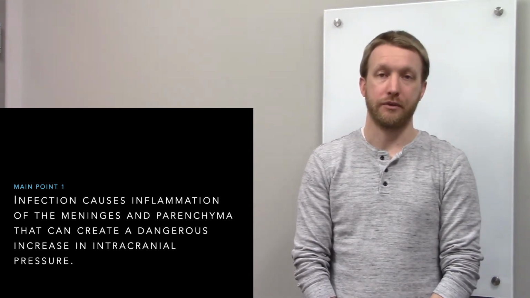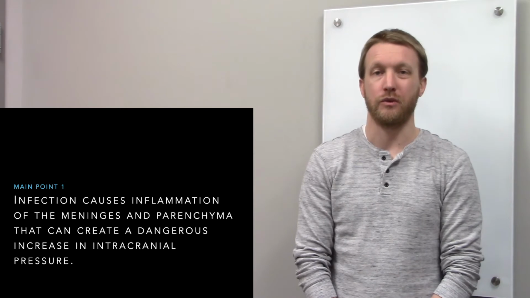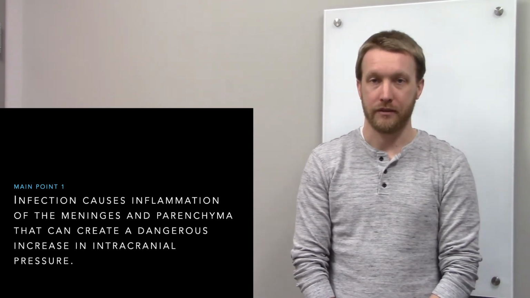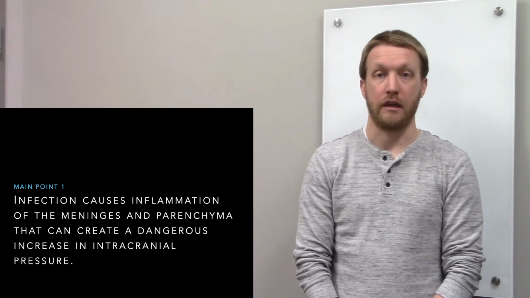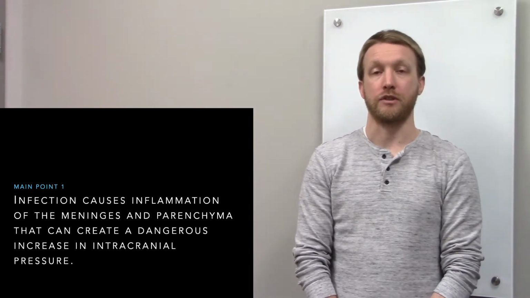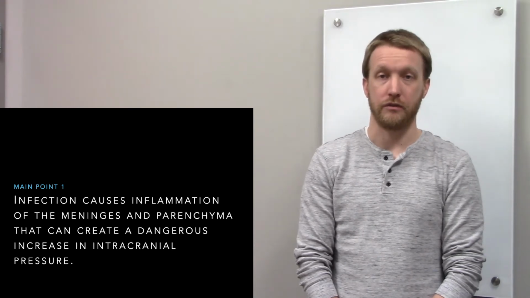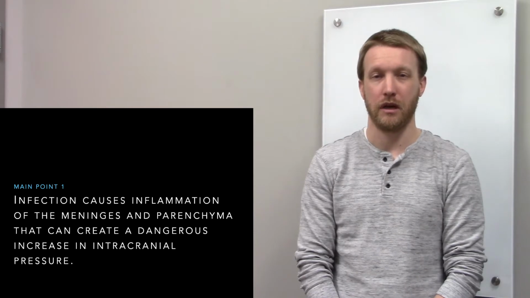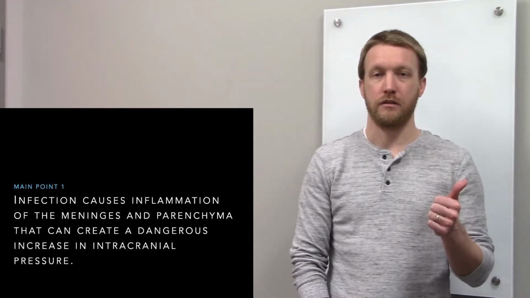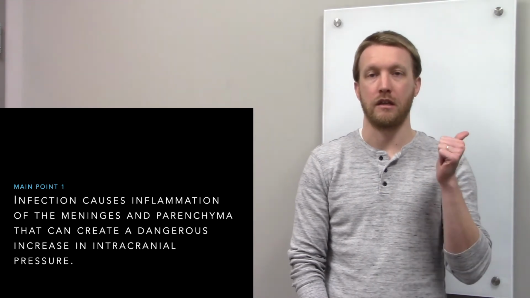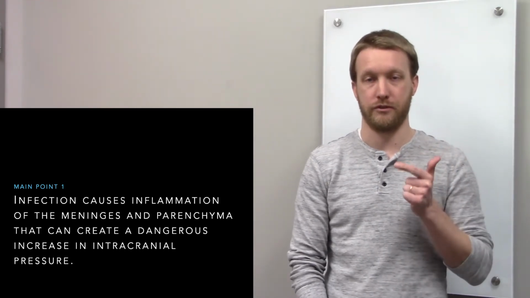If it's a bacterial or fungal infection, we also have to worry a bit about the pathogen reproducing and killing the nearby neurons. For some viruses, we also have to again worry about cell death. So a couple things are a problem here. Direct destruction of nervous tissue by the pathogen, and then an increase in intracranial pressure.